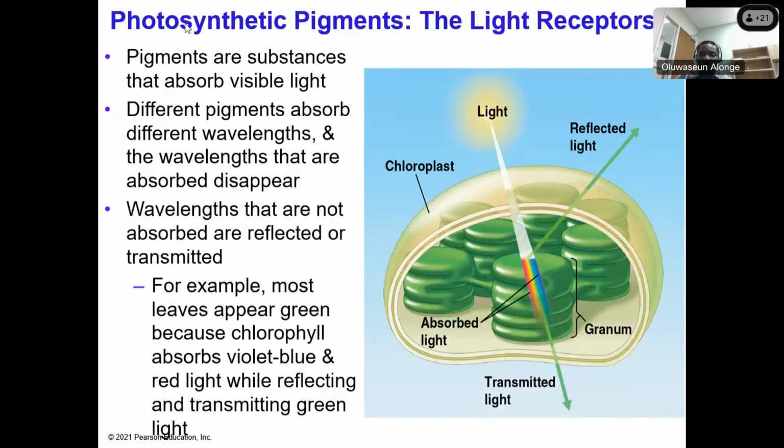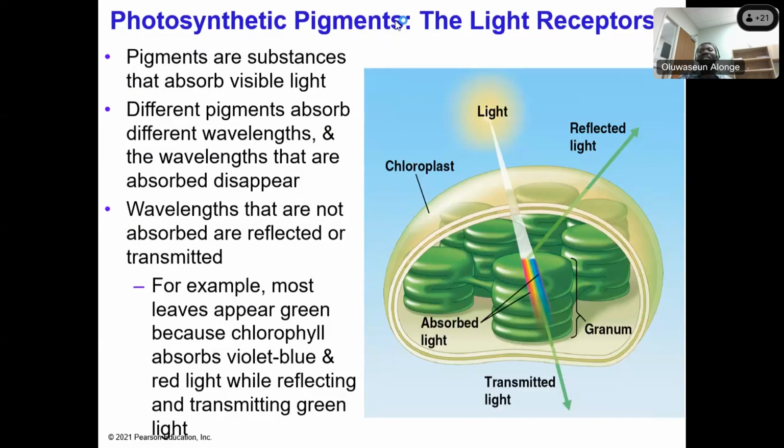So photosynthetic pigment. I'm beginning to talk about the pigment now. When we say photosynthetic pigment, the first thing that comes to your mind, of course, is chlorophyll. Chlorophyll is a green pigment that attracts sunlight. That's the green pigment that you see inside the thylakoid.